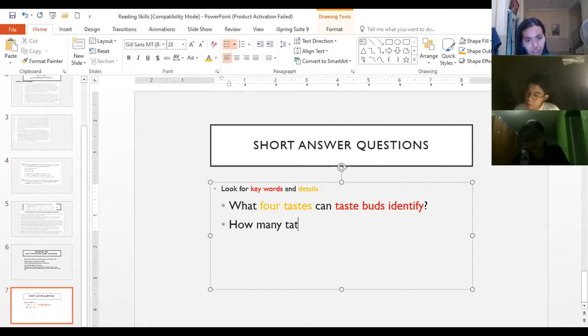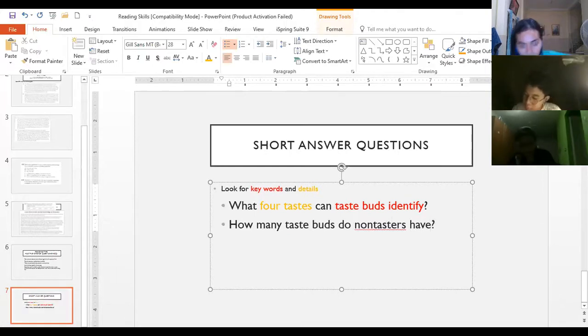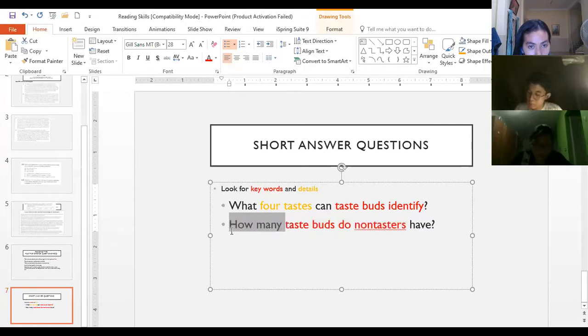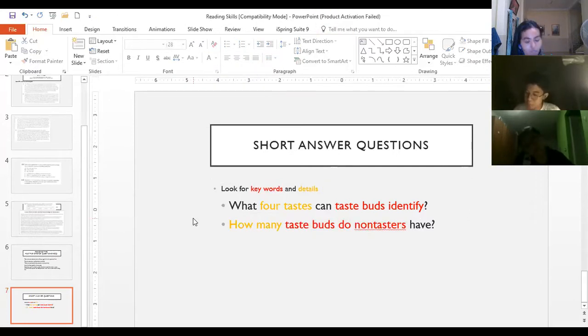Very good. Remember the tips, so you will be able to do the IELTS test next time. Taste buds, non-tasters are the keywords, the clue, and the answer is how many.